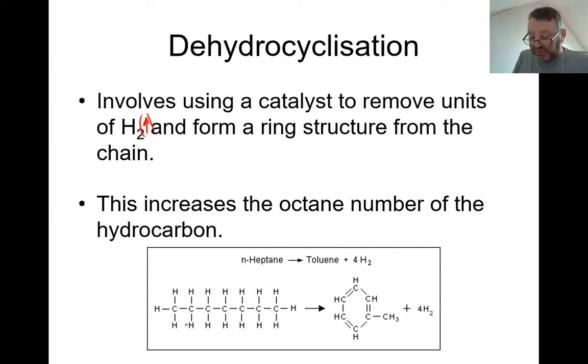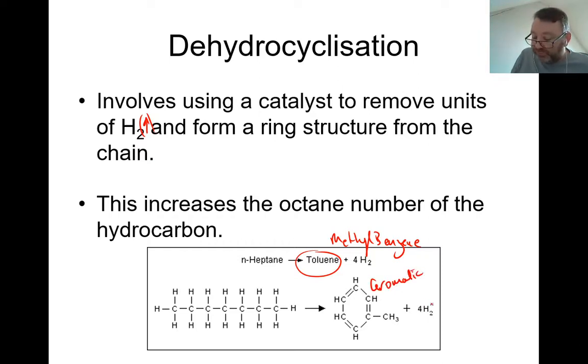What happens here in one particular process is we can turn heptane into toluene. The toluene is better known as methyl benzene, and we'll come across that later. So we can take heptane and turn it into methyl benzene, and that would now be an aromatic hydrocarbon.